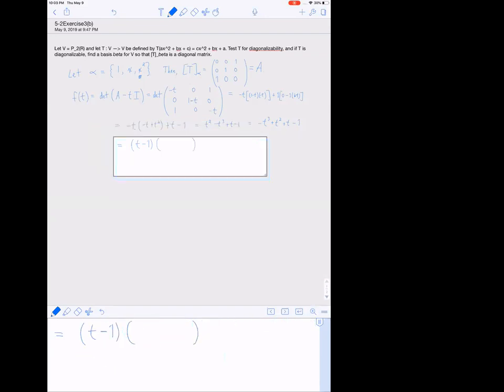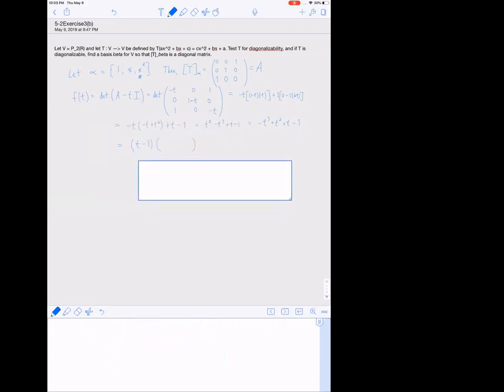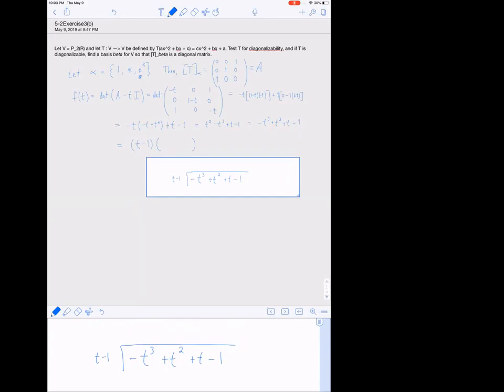Let's figure out what that something would be. Well, we'd have to do, for instance, polynomial long division. What happens if we divide minus t cubed plus t squared plus t minus 1 by t minus 1? Well, to get the first terms matching, I would need a minus t squared. So it would give us a minus t cubed plus t squared.